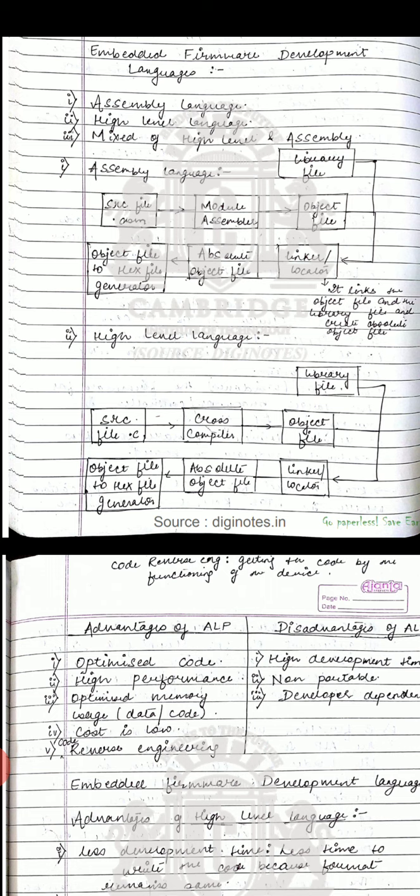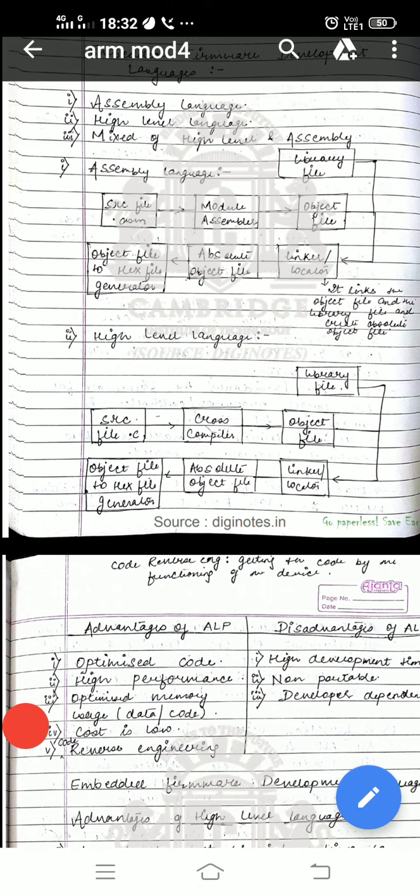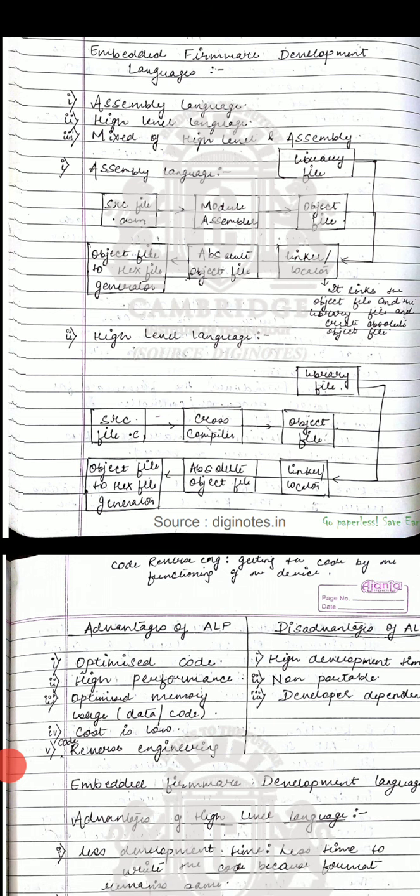Next is the absolute object file. It includes information required for initializing global variables, program code, constants, symbolic information, and other debugging details.